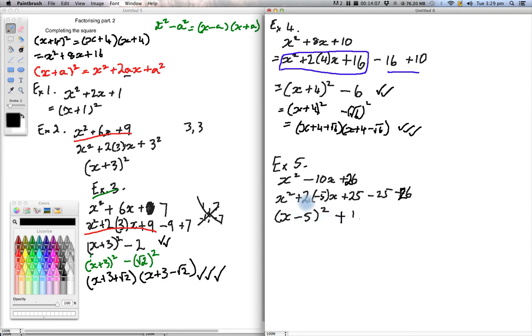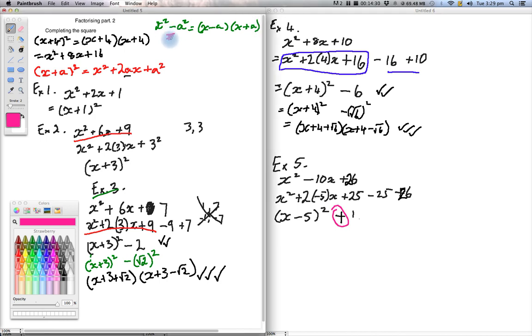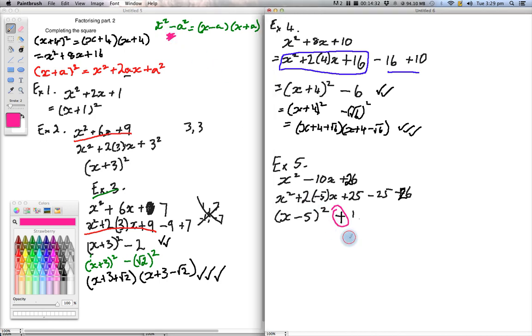Now the reason I've changed this example to be plus 1 is just to illustrate a point: we can never have minus a squared because of this plus sign. Because of this plus sign, it's not a minus sign, and so we cannot go this full way.